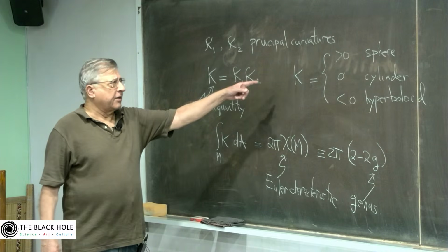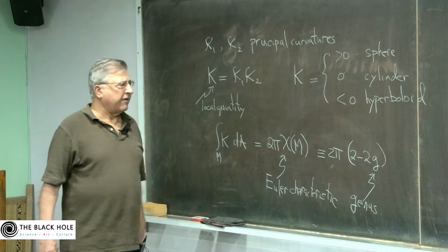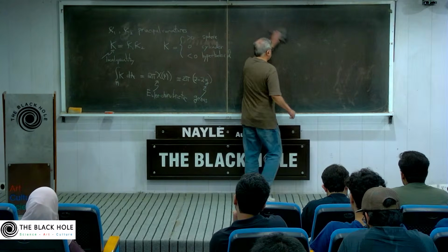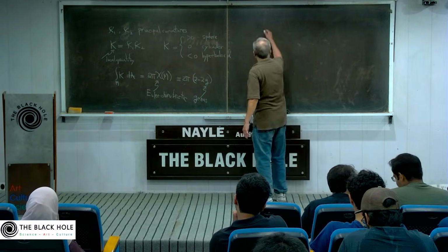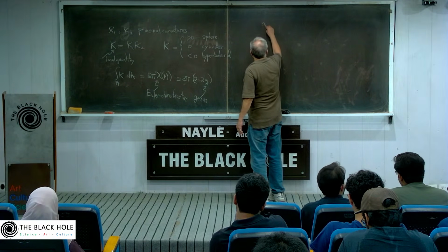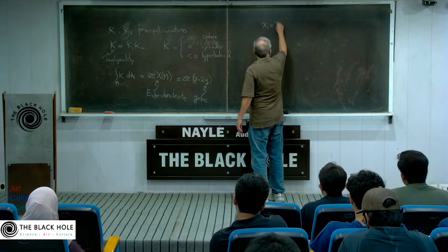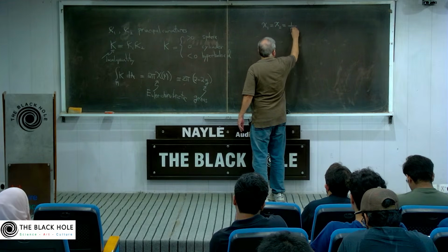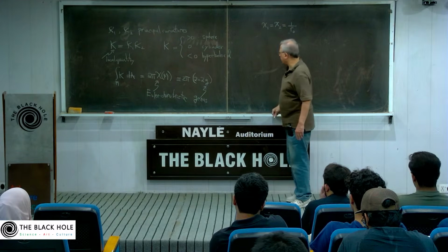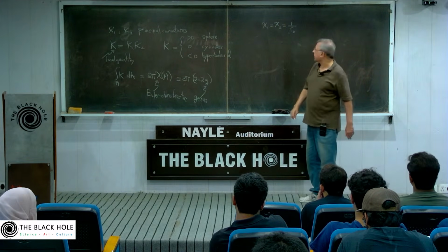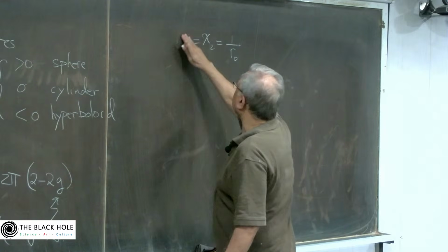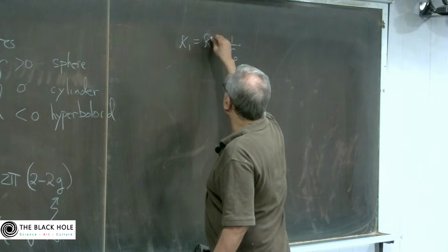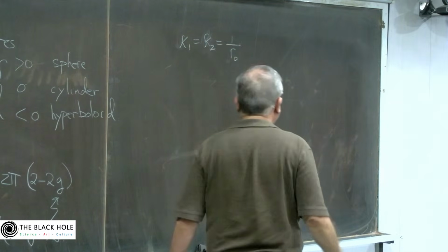Let's see whether this tallies with what we have over here. For a sphere, kappa 1 equals kappa 2 equals 1 over, let's call it R naught.